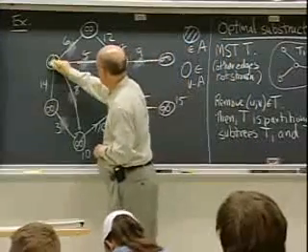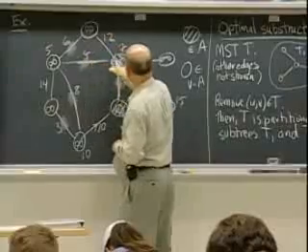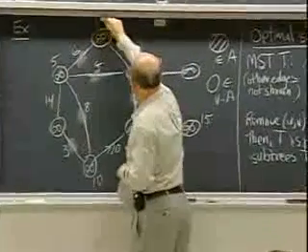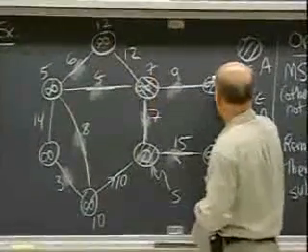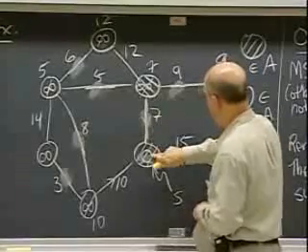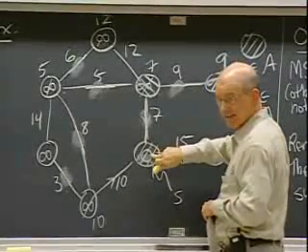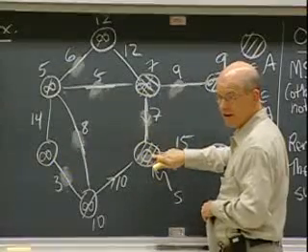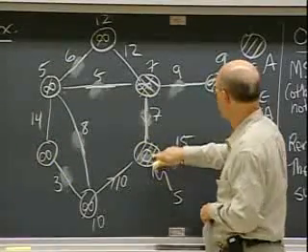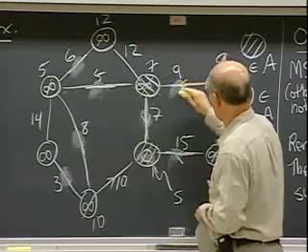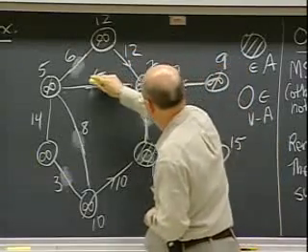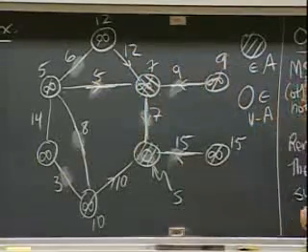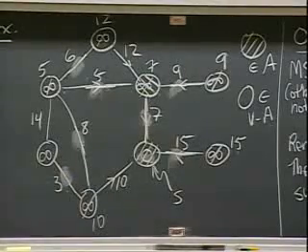So this guy gets 5, this guy gets 12, this guy gets 9. This guy we don't update, because he's no longer in the priority queue. And all of these guys now we make point to where they're supposed to point to. And we're done with that step.